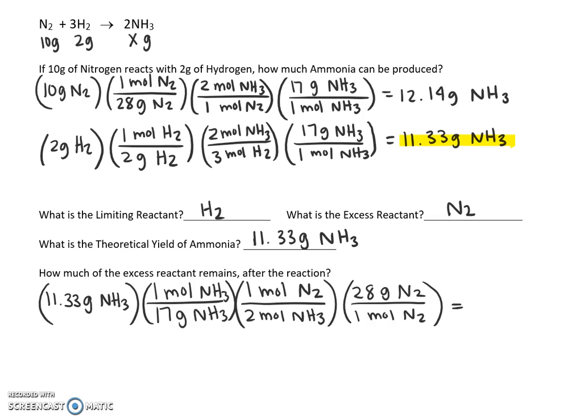Now I take 11.33 divided by 17 divided by 2 times 28. I get an answer of 9.33 grams of N2. This is the amount needed to make 11.33 grams of NH3.